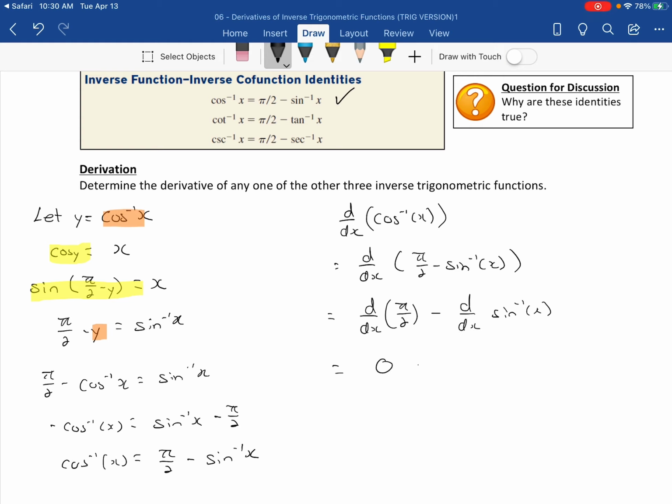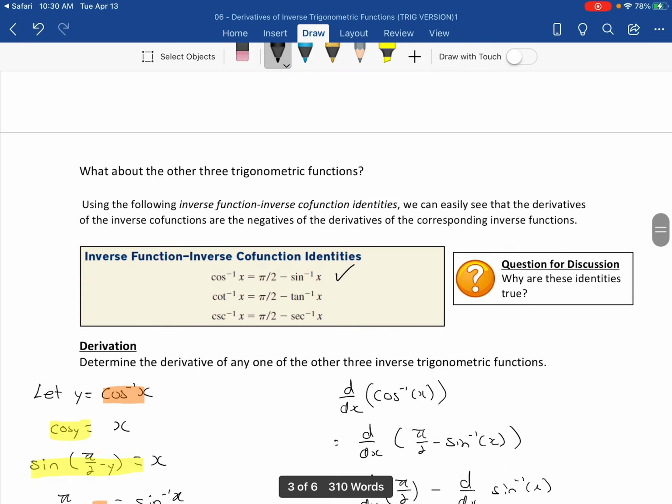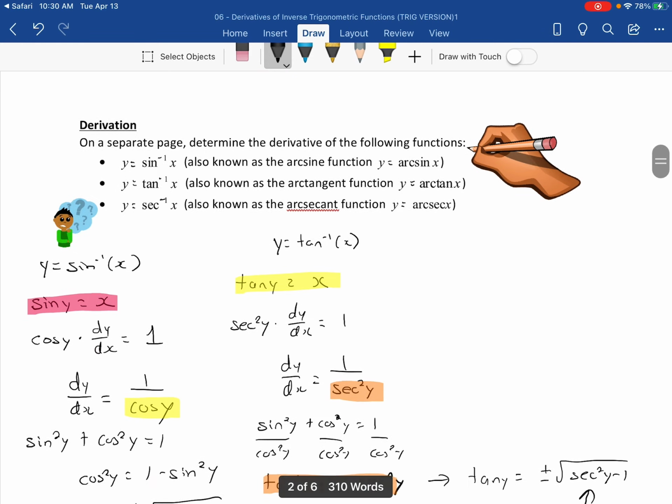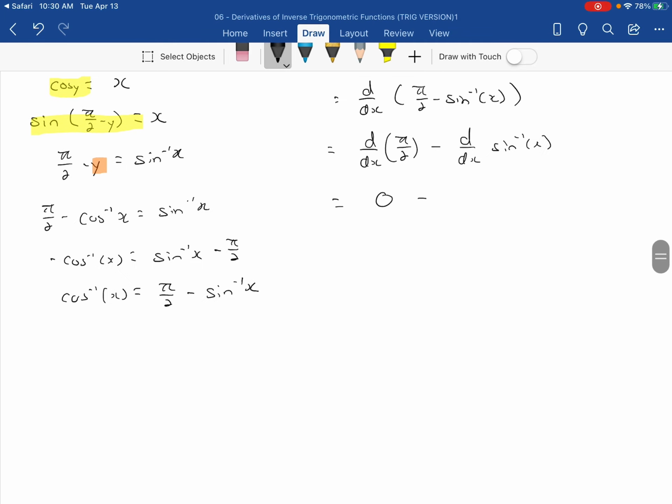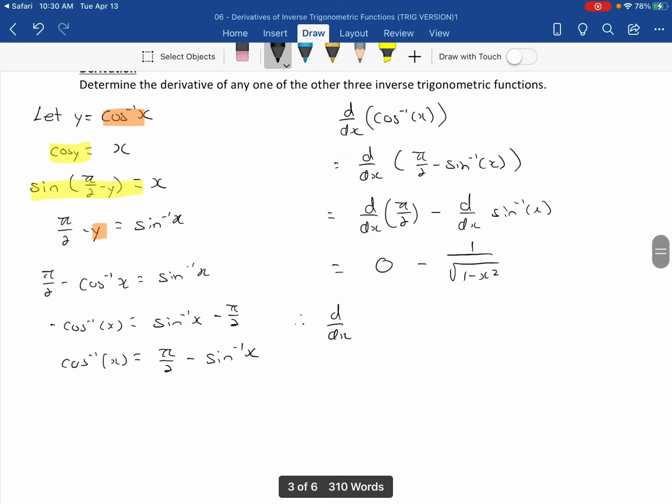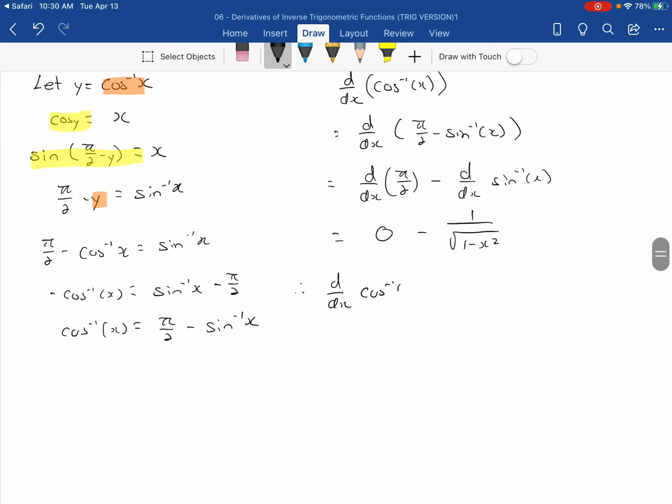The first is 0. We already know the derivative of sine inverse from up here, and it was 1 over square root 1 minus x squared. And so therefore the derivative of cos inverse is negative 1 over square root 1 minus x squared. So it's just the negative of the sine one.